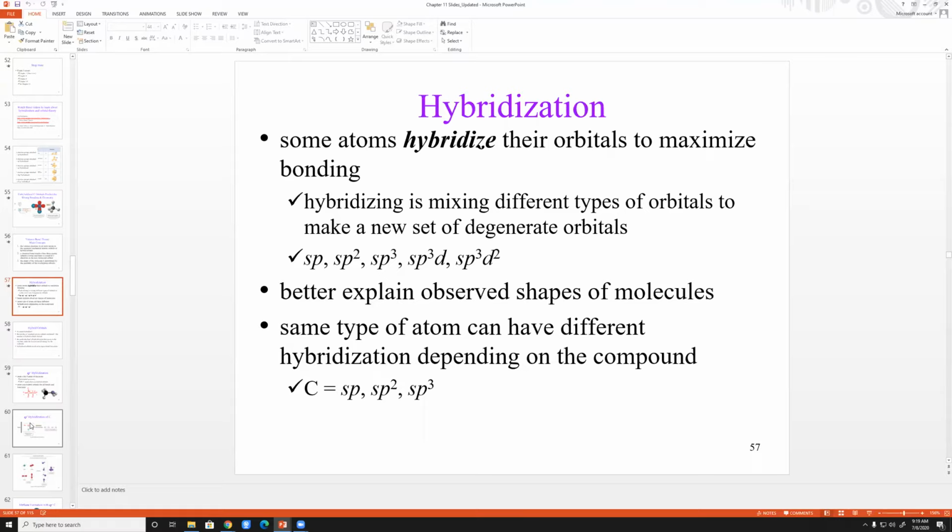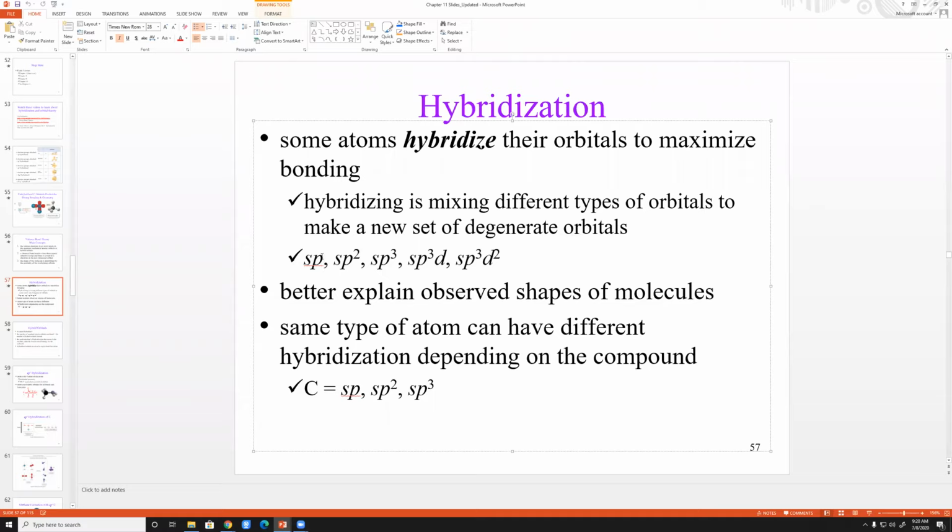Good points. Now, for hybridization, the easiest way to understand it for your exam, just to not talk about concept, just talk about what you need to know, is these are the 5 hybridization states that any atom could have, except for hydrogen. Hydrogen cannot be hybridized. Also, any covalent bond occurs by orbitals overlapping each other.